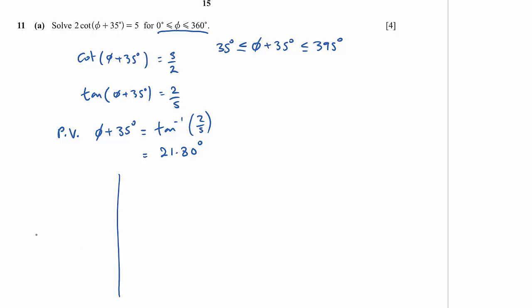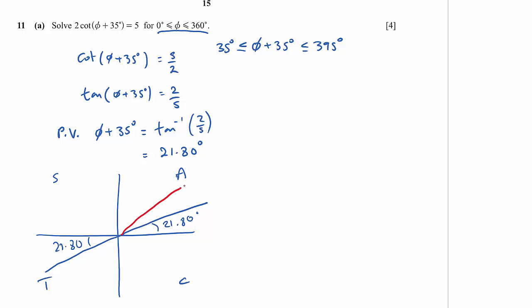Okay, so we have got a tangent which is positive. 21.80 here. And if we go down there, that will be 21.80. But bear in mind, we're going from 35 around. So the 21.8 is not actually going to be part of our solution here to start with.